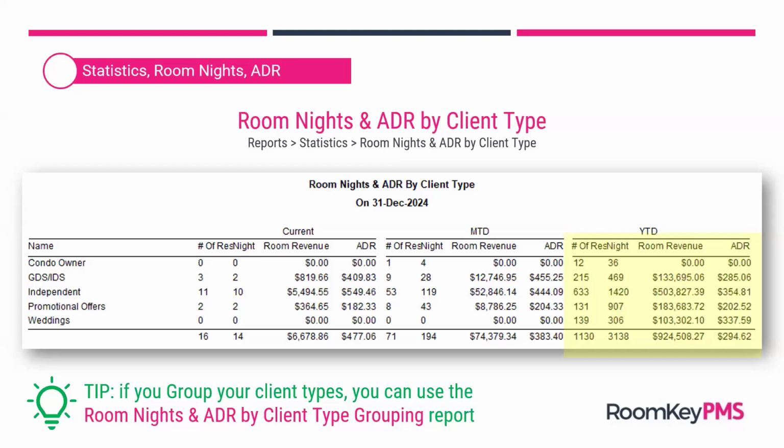Now, I don't see that used very often, but we do have some properties that might have two or more group client types or OTA client types. If you have created groups for those client types in the client types module, that would then feed into that variation of this report here. So a couple little tips there, just depending on how you like to view these reports.